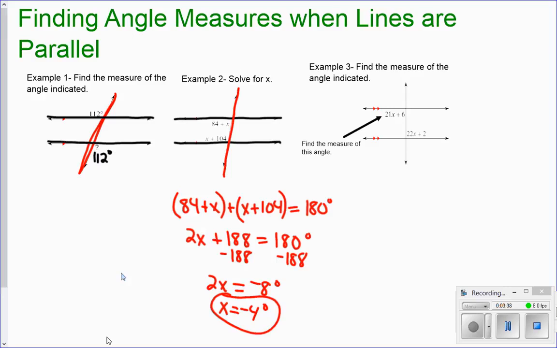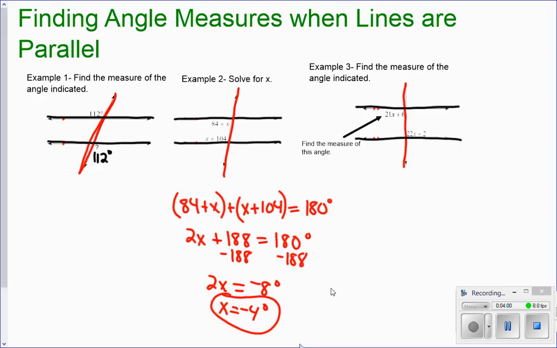Let's look at the third example. Find the measure of the angle indicated. So we're looking for this angle here. Before I can find the measure of that angle, I'm first going to have to figure out what x equals, just like we did in the last example. So I'm identifying my transversal, and I'm identifying my parallel lines.